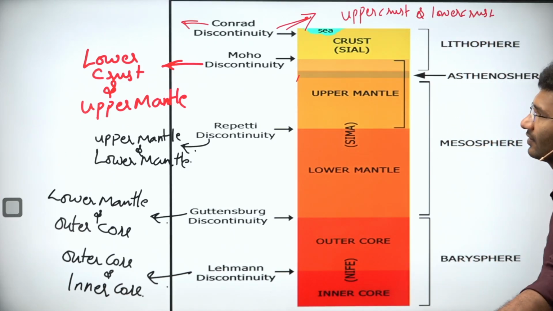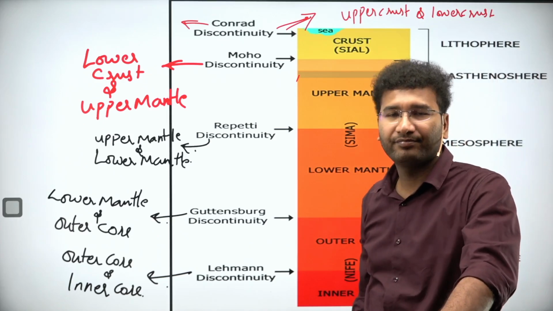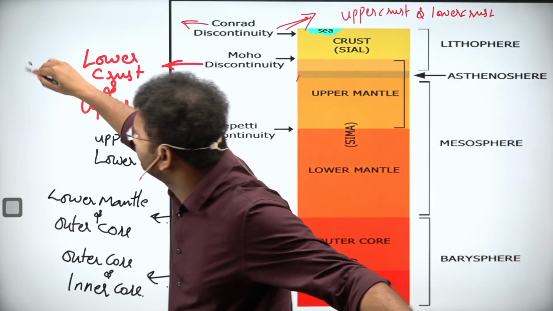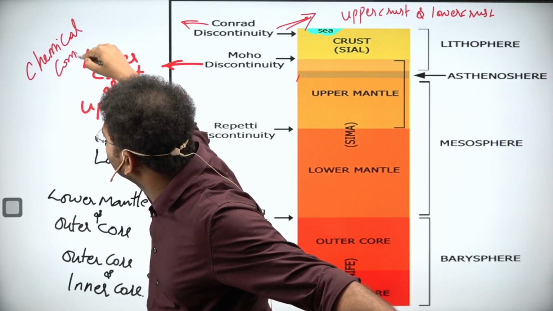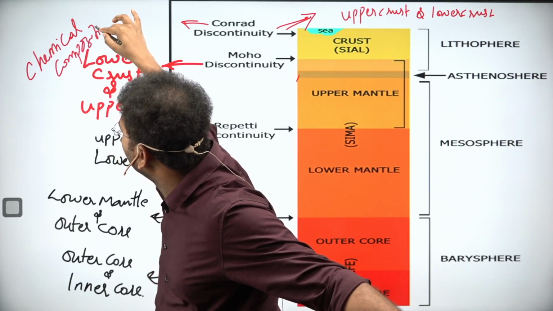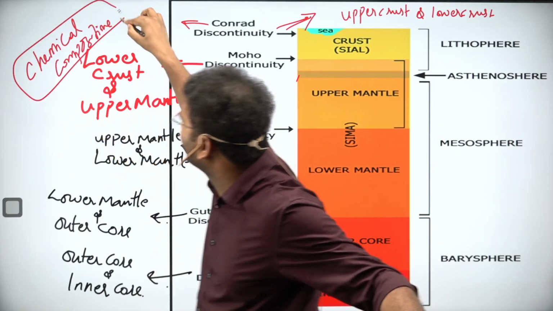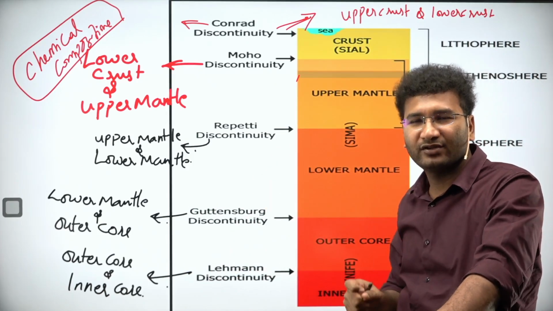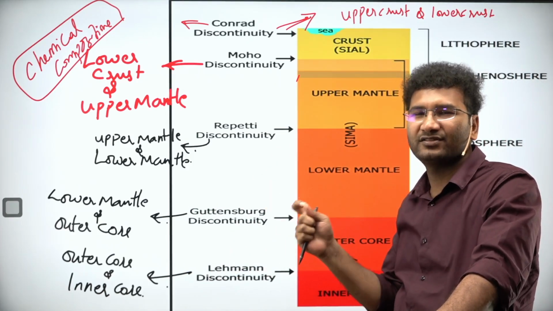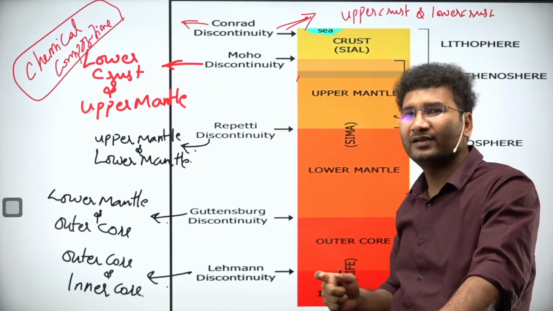Okay, clear? And they are based on chemical compositions. So don't get confused with asthenosphere and all of this. See, the discontinuities are given on chemical composition, but not on the basis of mechanical composition. So you need not worry.